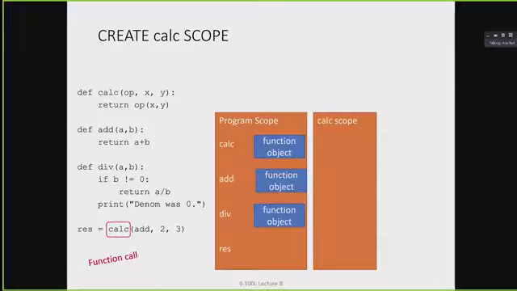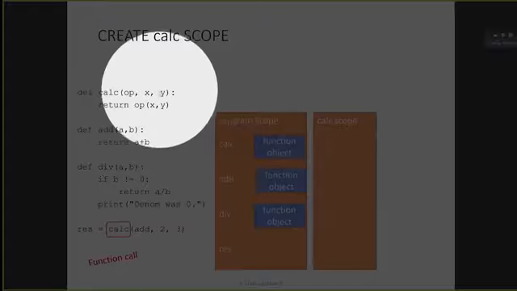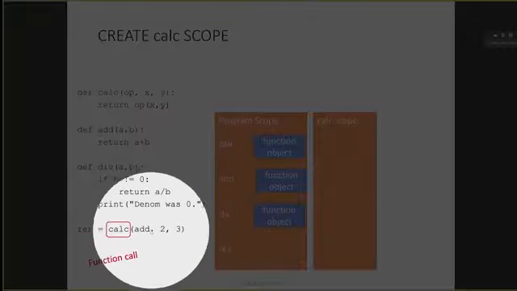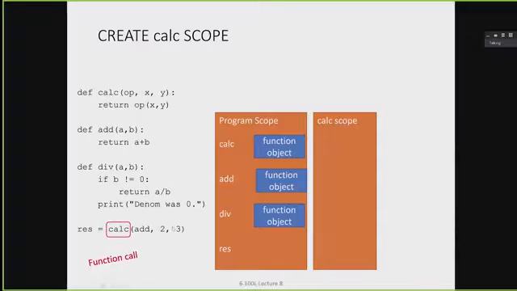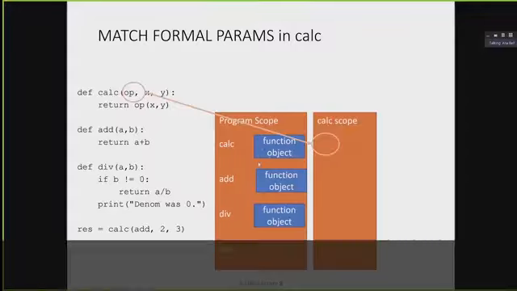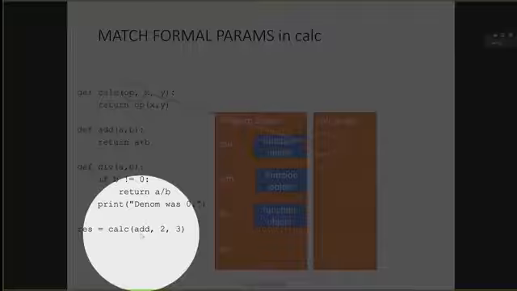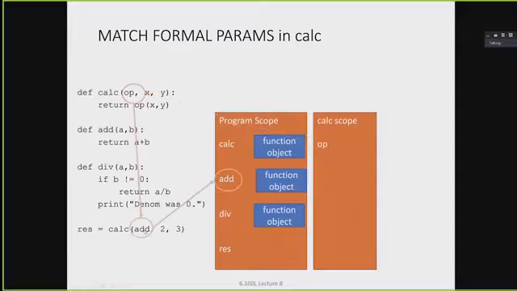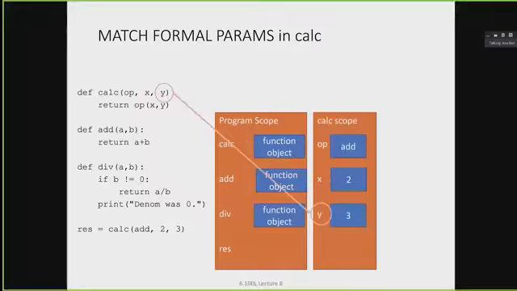So we've put aside the main program scope for now, and we're focusing on what calc is going to do. First thing we need to do is take every single one of our parameters and map it to the actual parameters. So the first parameter is op. It gets mapped to add. The next parameter is x, gets mapped to 2. The last parameter is y, gets mapped to 3. Is everyone okay so far? Yes?